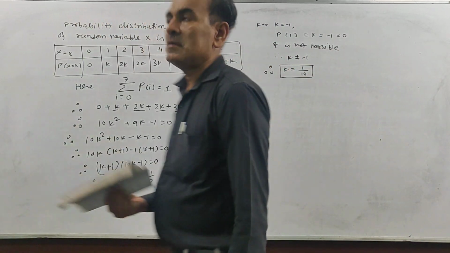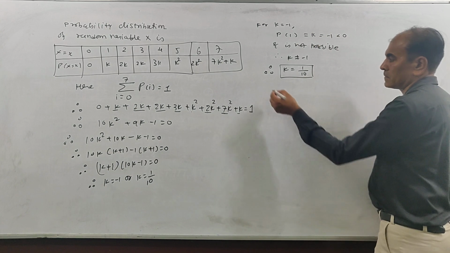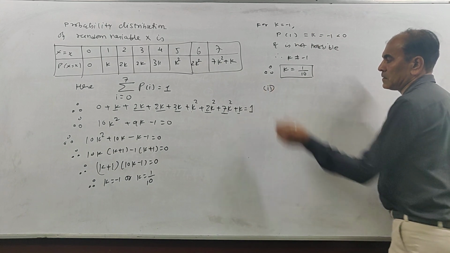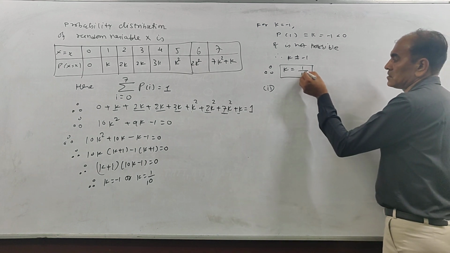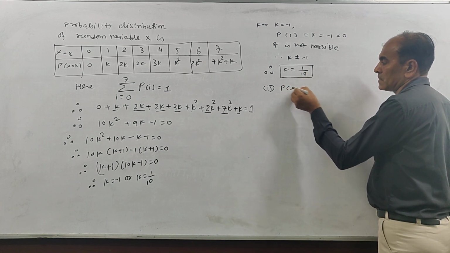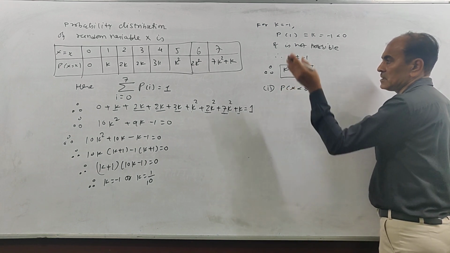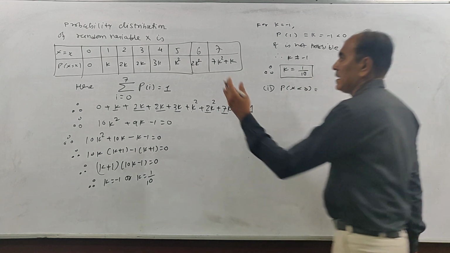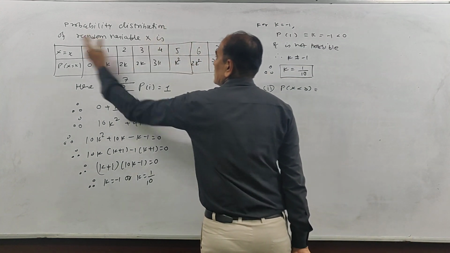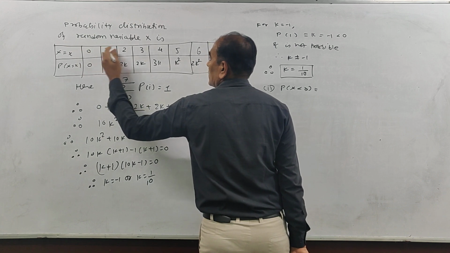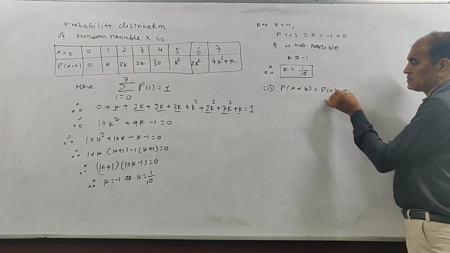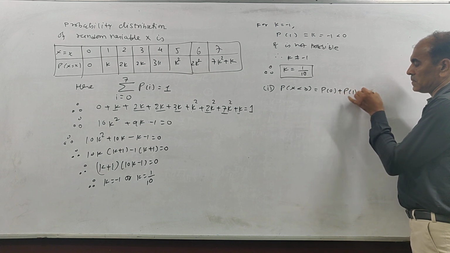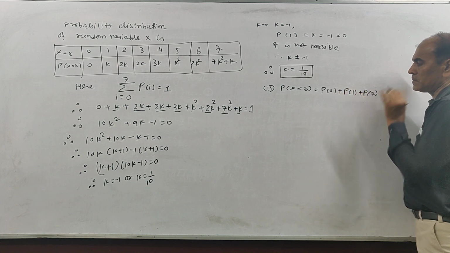Okay. Second question, what do they want? They want P of X less than 3. See the table. X less than 3 means 0, 1, 2, which is P of 0 plus P of 1 plus P of 2.